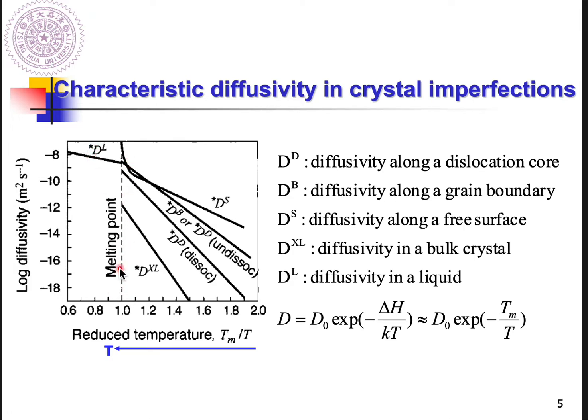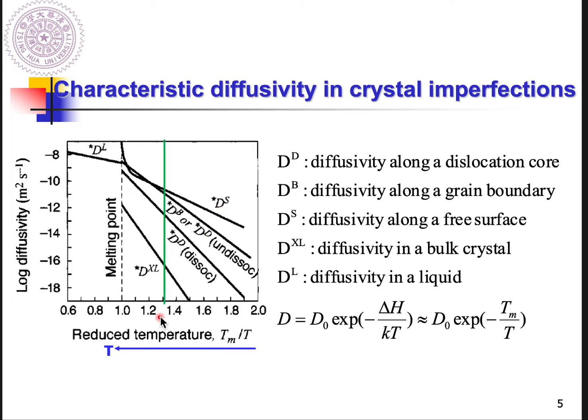And if the temperature is below the melting point, then the material we talk about would be solid, so diffusion in solid. But diffusion in solid, we need to categorize into different channels or paths based on different crystal imperfection sites, which include diffusion in bulk crystal, diffusion along the dislocation core, diffusion along the grain boundary, or diffusion along a free surface.